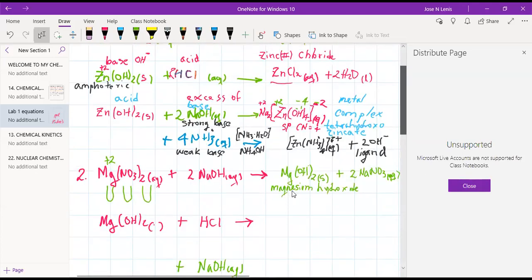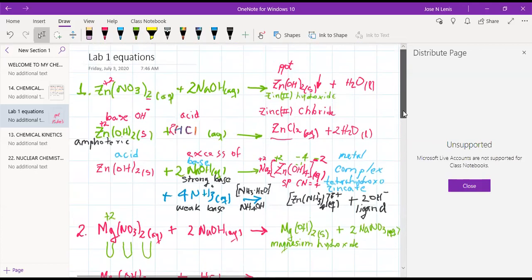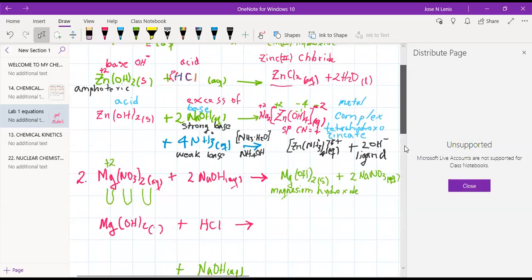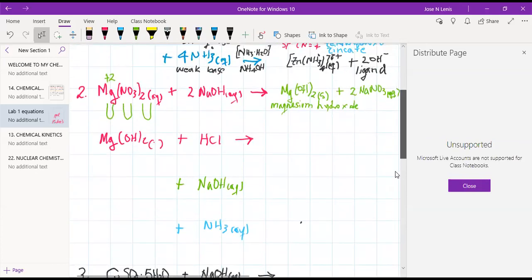Okay, so the next reaction. Once we get the insoluble hydroxide, which is this solid here, we have the precipitate here.